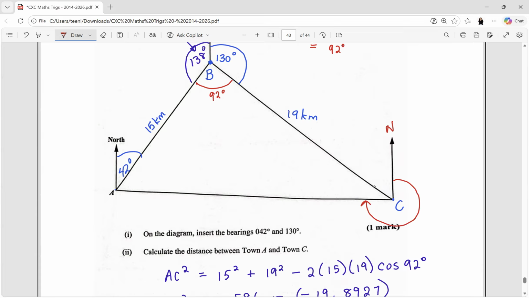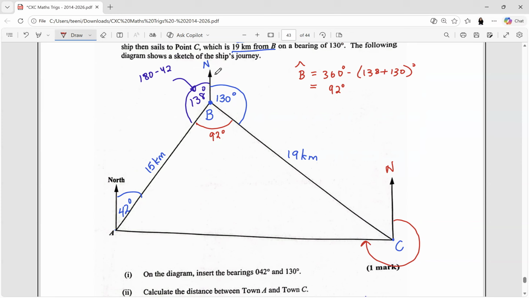That's what we're trying to find. So far, we have this angle is 92 degrees, and now we also have what this side is equal to. So in order to find what this angle on the outside here is, what I can do is use the principle of parallel lines here to find out what this angle on the inside is.